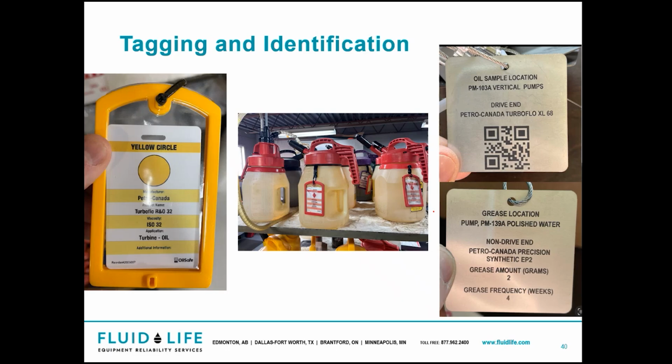And this is what I mean by color coding. You could buy these tags, like a yellow circle for Petro-Canada Turboflow 32. Then you could have, I believe this was a gear oil, the red triangle or the red diamond. It doesn't matter what colors or shapes you want to go with, as long as it's consistent across the site.